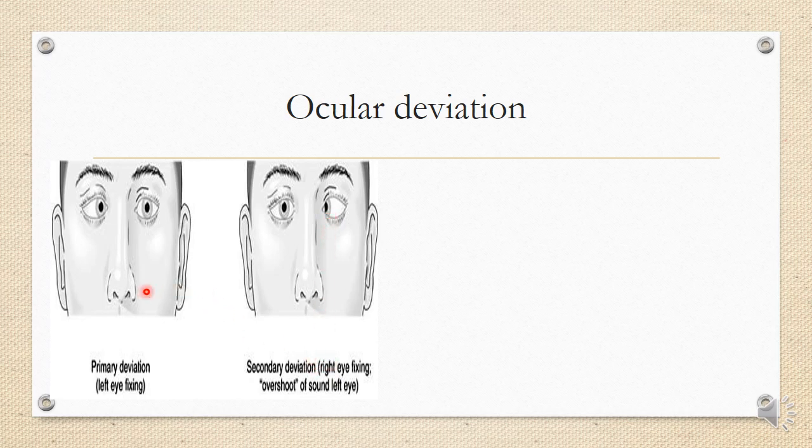In this case the patient has a right lateral rectus palsy, a paresis or a paralysis. When you ask the patient to fixate with the left eye, there is esotropia, true, but it is lesser in amount.